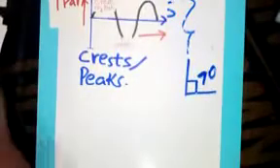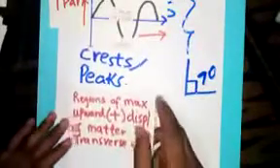Let us begin with crest, which is sometimes called peak. If you are asked to define crest or peak, it is the same. From the diagram, you can see that a crest is the region of maximum upward displacement. Therefore, this is the definition.